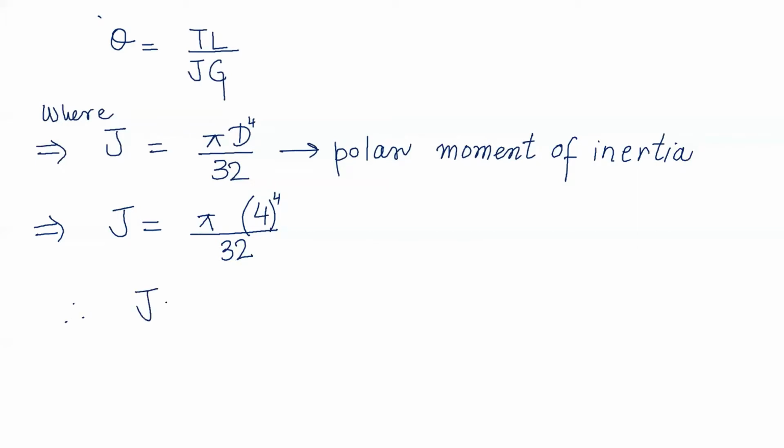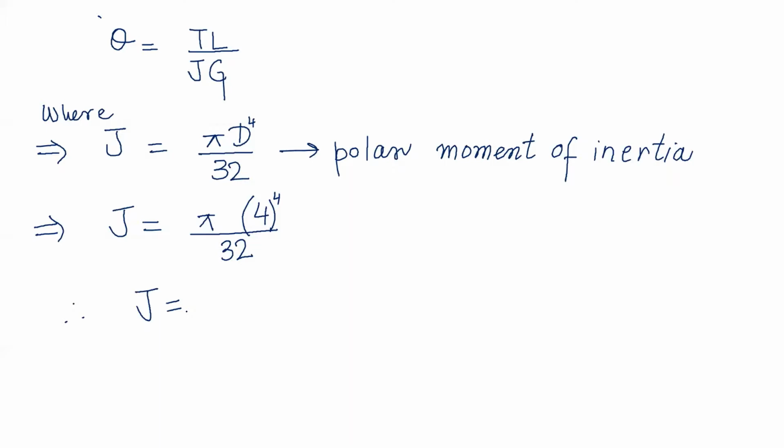So what does the value of J come out to be? Let's have a look with the help of a calculator. 4 shift cube multiplied by 3.141 divided by 32.